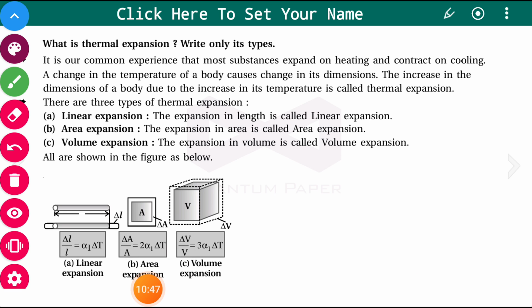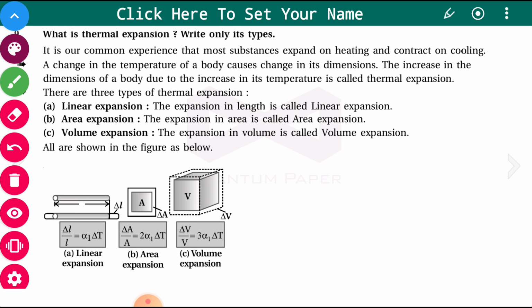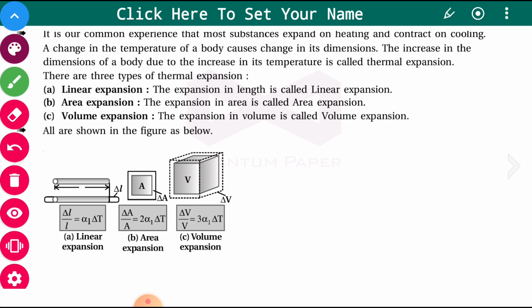Now we talk about thermal expansion. It is our common experience that most substances expand on heating and contract on cooling. A change in the temperature of a body causes a change in its dimensions. The increase in the dimension of a body due to an increase in temperature is thermal expansion.